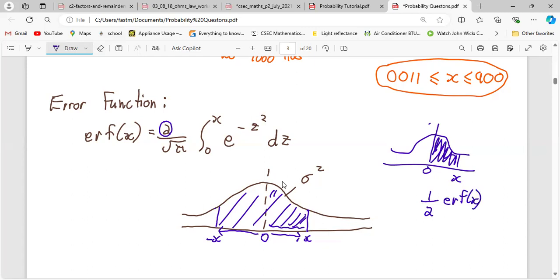The 2 is there just in case you need both sides, 0 to x and 0 to minus x, or on both sides of the mean, like how we're doing it with the resistors.